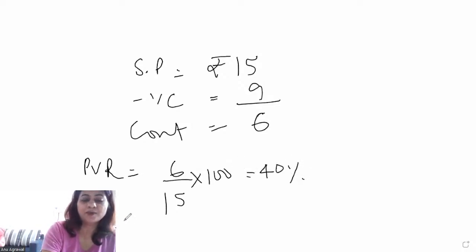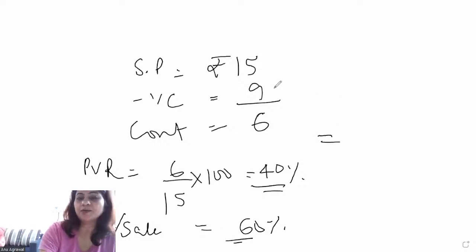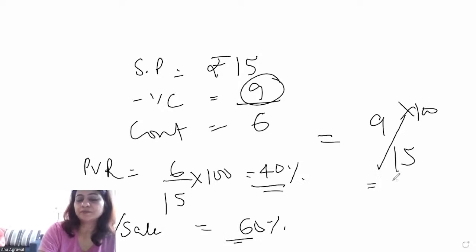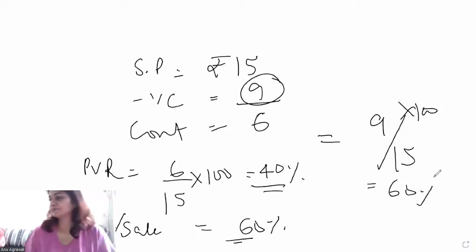So I say variable cost to sales will be 60%, because if PVR is 40, VC should be 60%. You want to check it out? VC is 9. 9 divided by 15 into 100 is 60%.